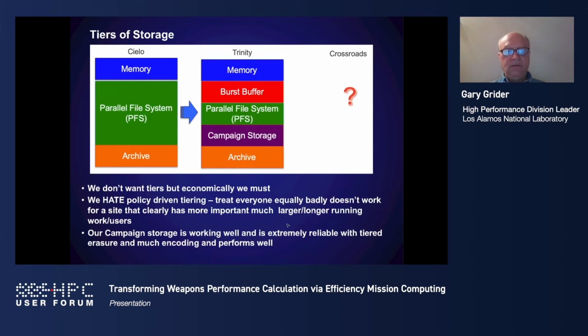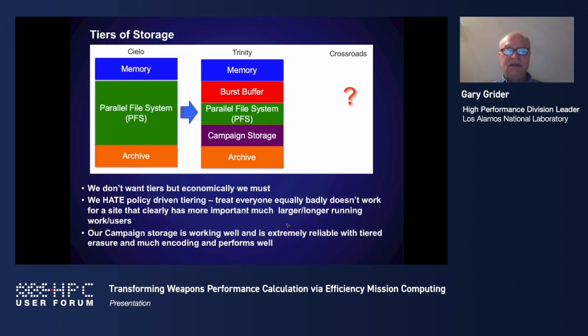And we don't really like these tiers, but economically we have to do them because economics drives what we can afford to deploy. We really hate policy-driven tiering as well. Everybody wants to push that down our throats, and we hate that. We call that the treat-everybody-equally-bad way of doing things.